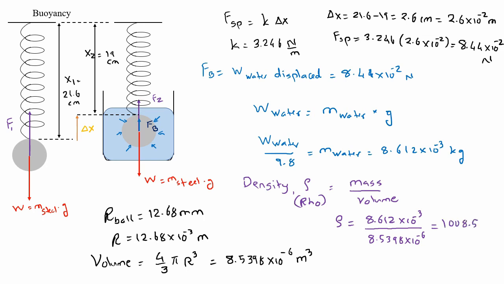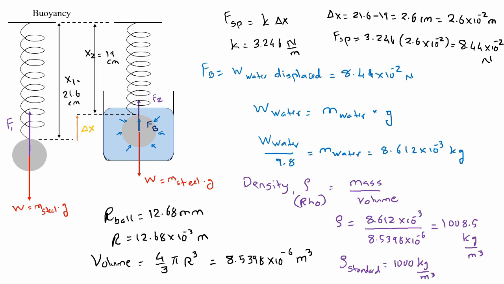This is kilograms per meter cubed. And the standard density of water is 1000 kg per meter cubed.